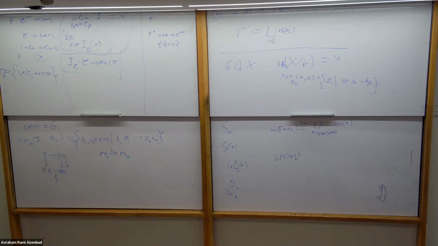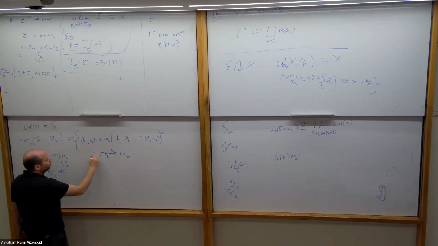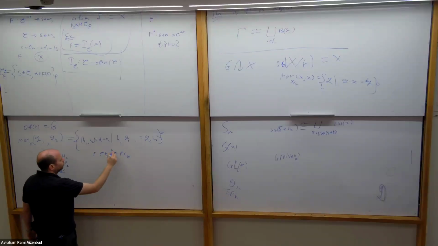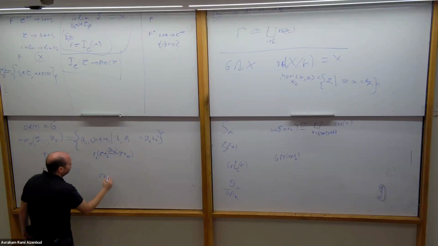And now we can apply maybe H2. F2 by H2 to the space. We can apply F2 to both sides of H2, but it's going to be just H2 as an element of G. And also we can do the same with PT1, F1.